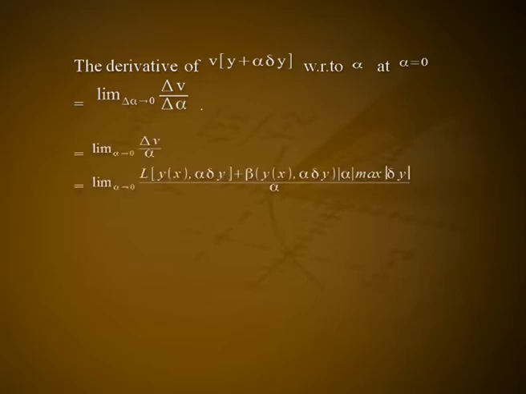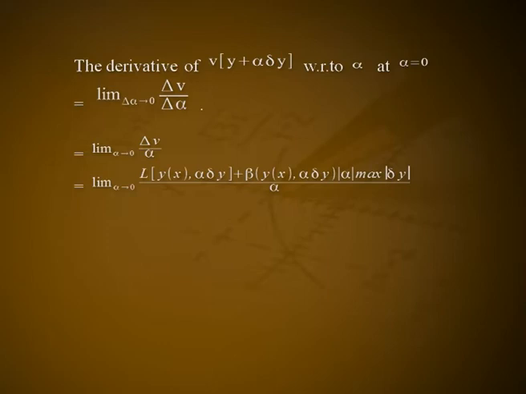The derivative of v of y plus alpha delta y with respect to alpha at alpha equal to 0 is equal to the limit as delta alpha tends to 0 of delta v by delta alpha, which is equal to the limit as alpha tends to 0 of delta v by alpha.